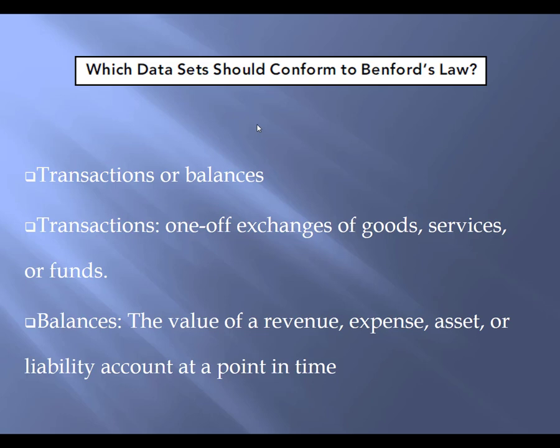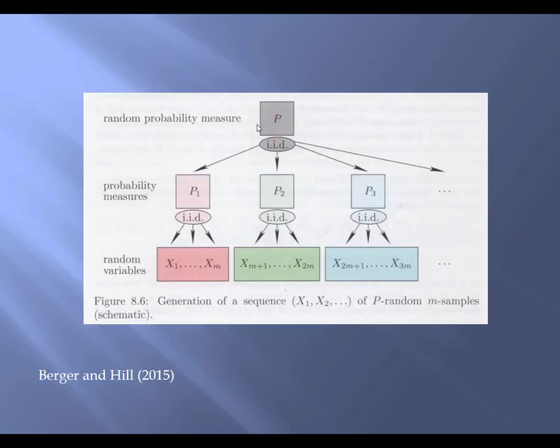As for the first one, transactions, it will follow Benford's Law if my transactions are random drawings, random variables, and I'm looking at the bottom set of boxes here, the random variables from a random set of probability distributions. This is from Berger and Hill, 2015.